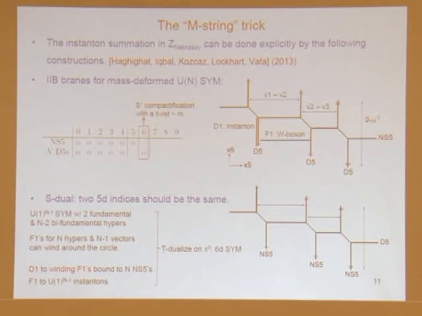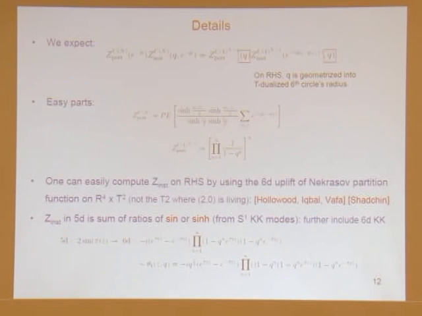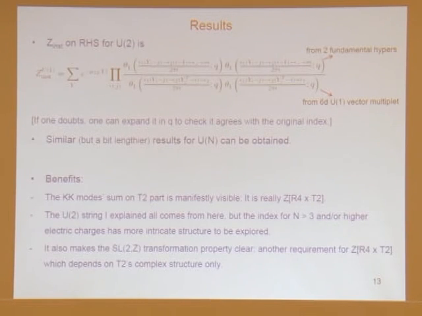They used an ingenious reinterpretation of the Nekrasov partition function to exactly sum over all the instanton series and obtain an alternative formula, after which the Kaluza-Klein state structure of the Coulomb branch physics becomes really clear. Just a few slides, and I'll explain these 3 slides later if anybody's interested.